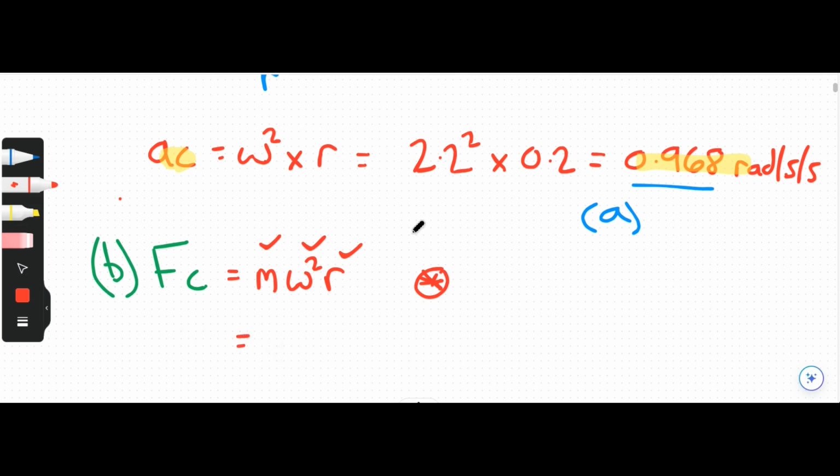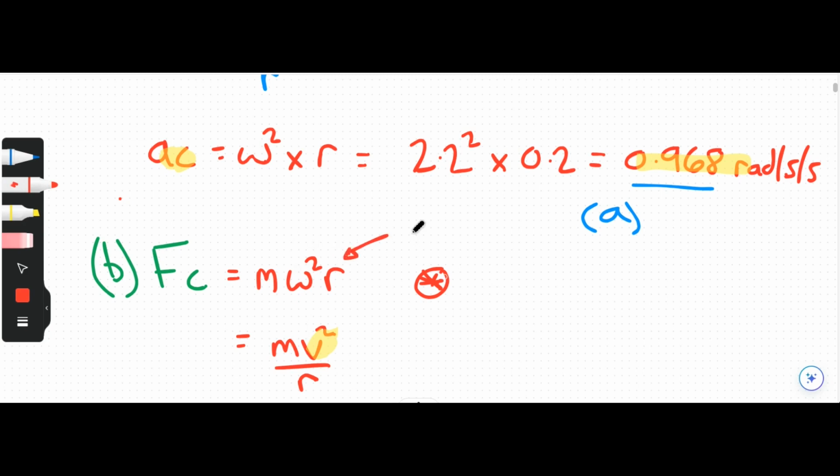Or we could use another one, m v squared over r. Now I know what m is, I know what r is, but I don't know what v is. So I can't use that one. I've got to use the one that I know everything for, so I've got to use this one here.